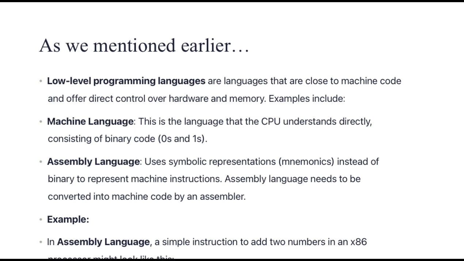As we mentioned earlier, low-level programming languages are languages that are close to machine code and offer direct control over hardware and memory. Examples include machine language. This is the language that the CPU understands directly, consisting of the binary code zeros and ones.